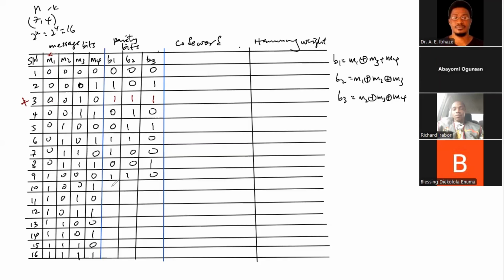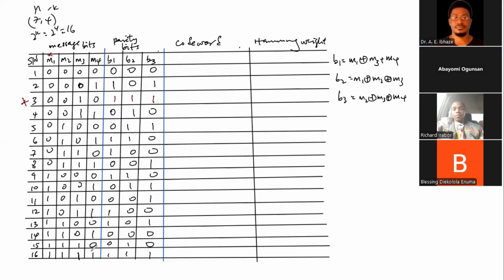For the 10th position, 0, 1, 1. 11th, 0, 0, 1. 12th, 1, 0, 0. 13th, 1, 0, 1. Then 14th position, that will be 0, 0, 0. Then 0, 1, 0, 1, 0. Okay?